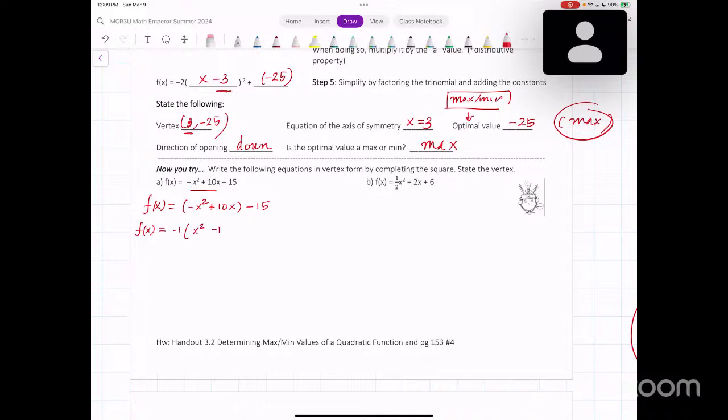X squared negative 10x minus 15. I don't think anyone wrote that step. I know you're experts at skipping steps, but make sure you show all the steps. Next step, x squared minus 10x. Half of negative 10 is negative 5. Negative 5 squared is 25, minus 25. Now we do.